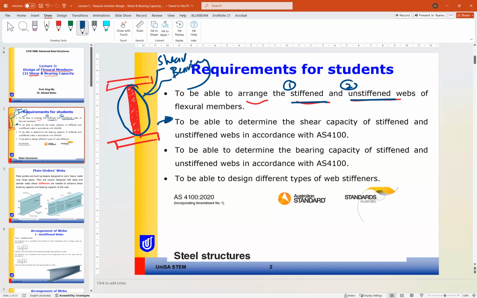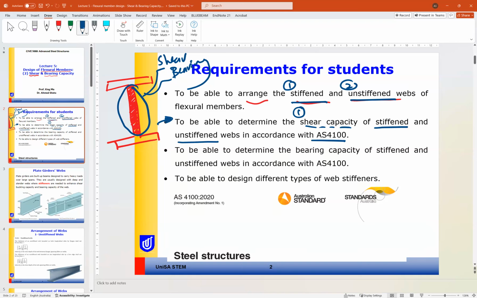The next thing we will learn today is how to determine the shear capacity for stiffened and unstiffened web according to Australian standard AS4100. All our formulas and our data come from AS4100.